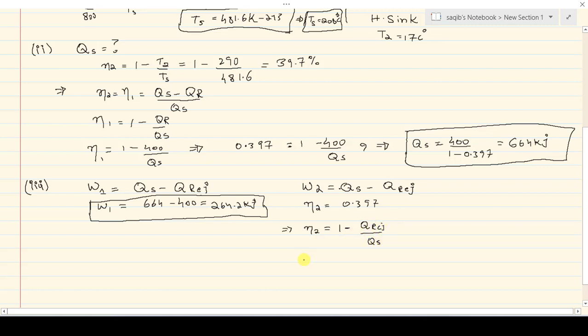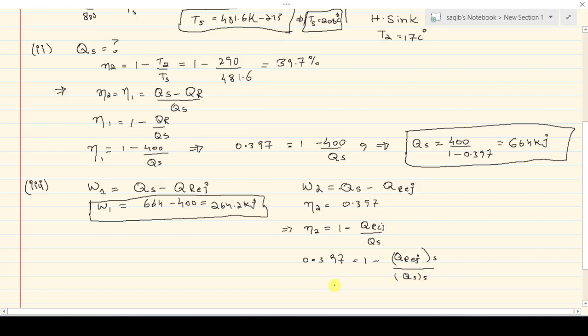So 0.397 equals 1 minus Q rejected, which we have to calculate, divided by heat supplied for the second engine, which is already given as 400.